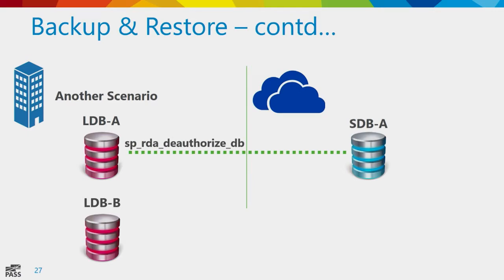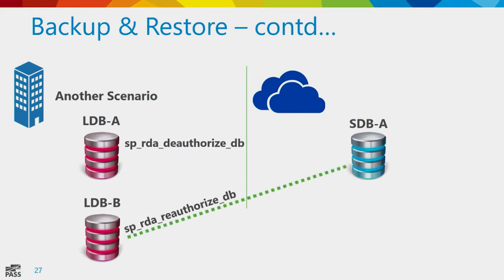What it does is disconnect the stretching connection. If you make any more changes to your local database A, it does not affect anything; the link will still be there, but data won't be affected. Then you have to run sp_rda_reauthorize_db for that particular instance after taking your snapshot. Then you're going to get a connection to the same database server.